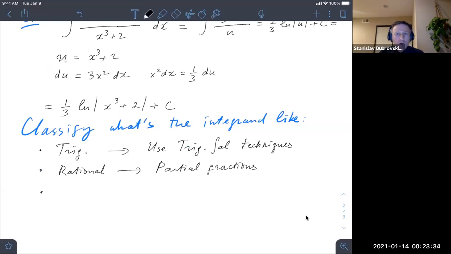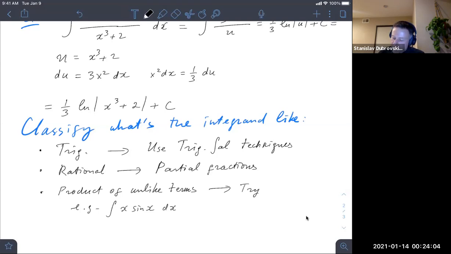Maybe it's a product of two terms. What kind of product? If it's a product of unlike terms, say polynomial and a trigonometric function, e.g. integral x sine x, what will you use then? If these are unlike terms, look for integration by parts.